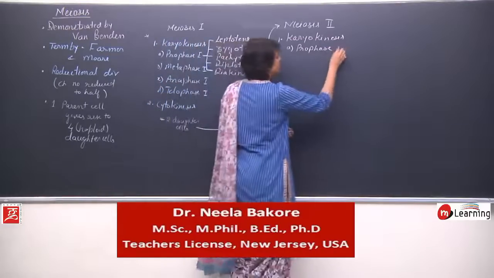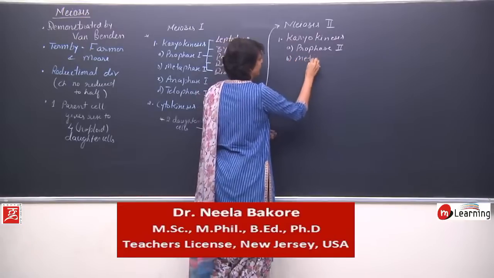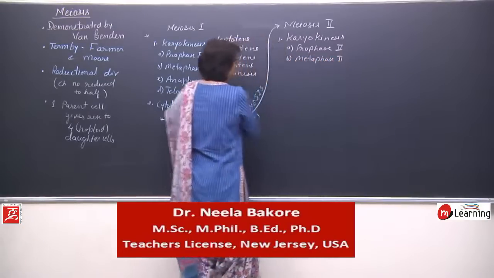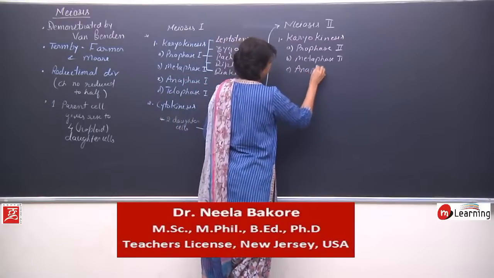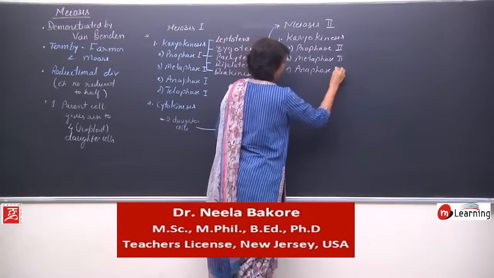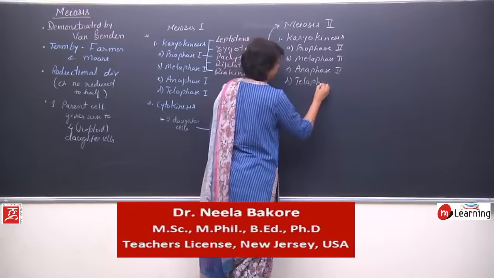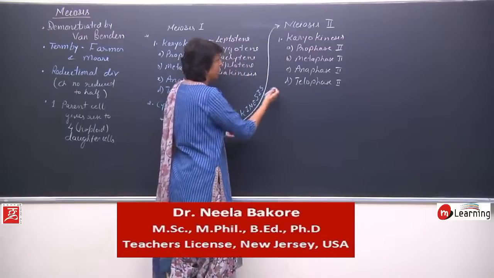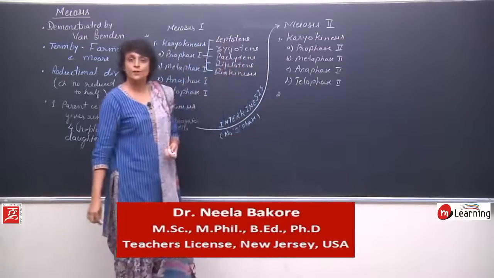We write it as prophase 2 followed by metaphase 2, then anaphase 2, telophase, and after this nuclear division has taken place, cytokinesis will take place.